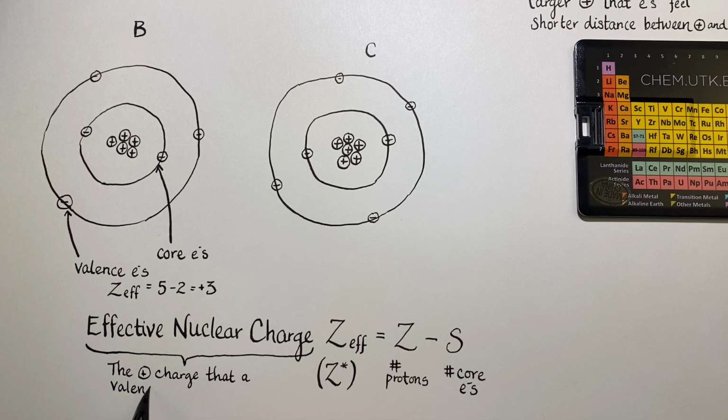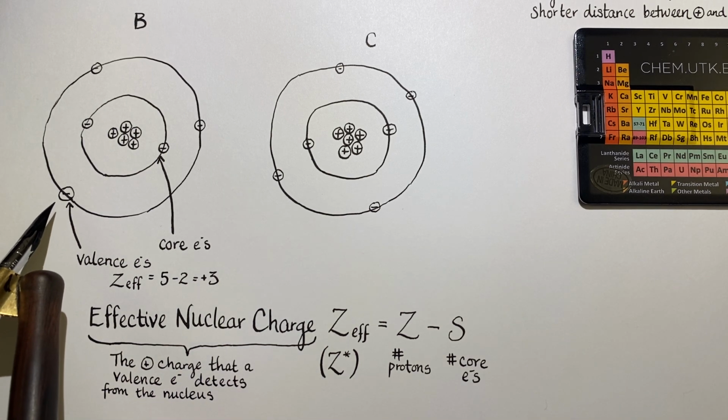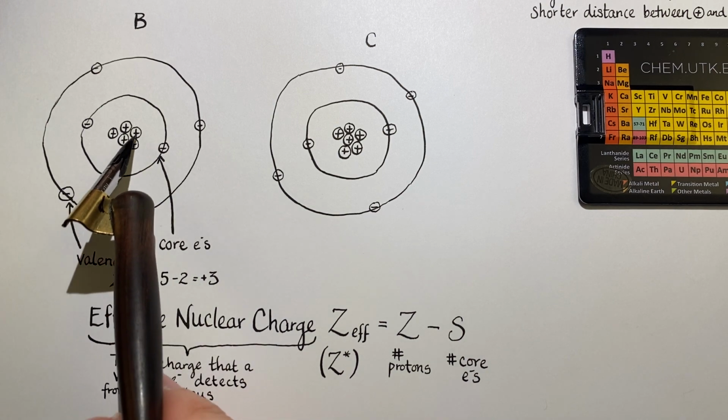It's usually what you do. Electron. And I'll use the word detects. Nucleus. Okay, so in boron, valence electrons are detecting a +3, they're not detecting the full 5.